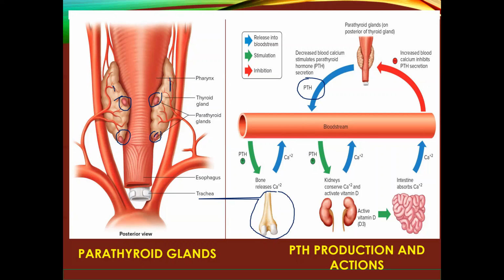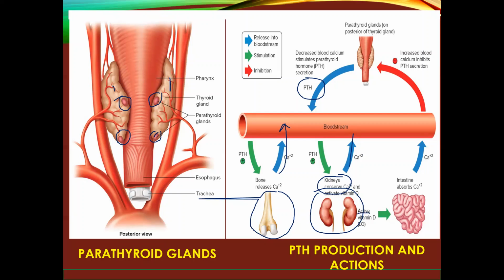In the bones, PTH will cause the bone to release calcium into the blood to increase the calcium level. It will also go to the kidney in order to retain or conserve calcium from the blood. So it will increase the calcium level in the blood.